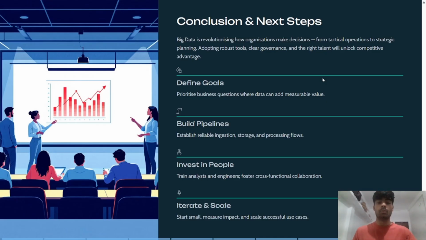The world's most successful businesses today, from Amazon to Netflix, rely completely on data driven insights. So the future belongs to those who can collect, analyze, and use data effectively. As a computer science student, this opens up a huge career opportunity for us too in data analytics, data engineering, and AI.